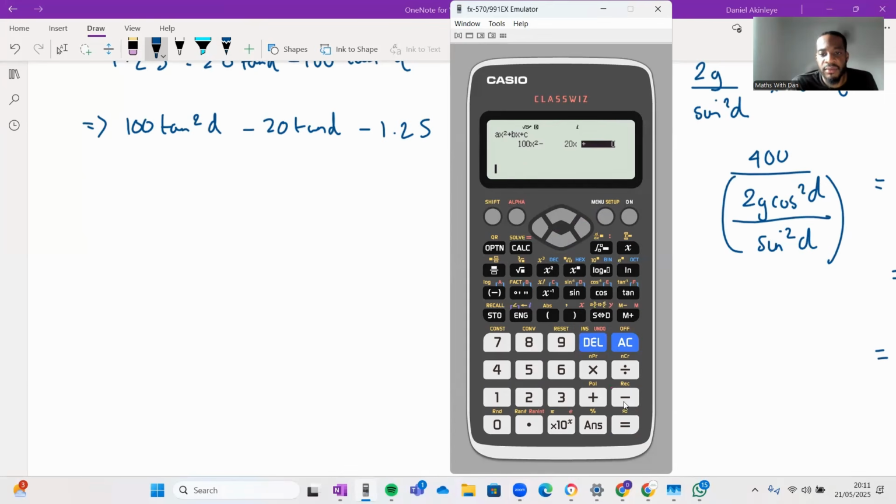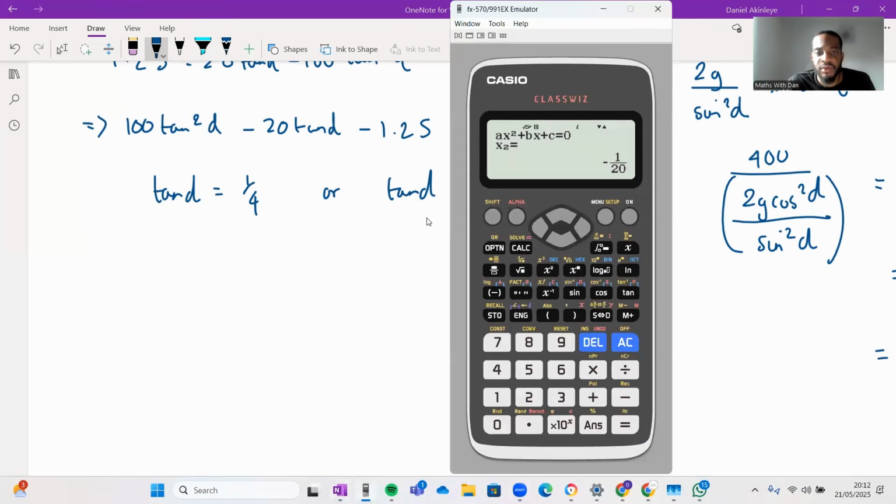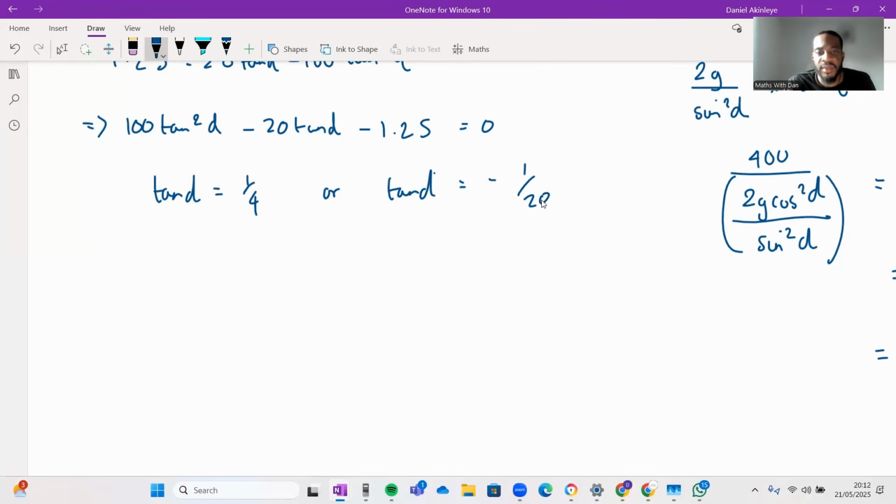Anybody want me to explain that part? I'm just making sure I'm getting the right answers. Yeah, good stuff. So one answer is tan alpha equals a quarter, or tan alpha equals, what's the other root? Minus 1 over 20.